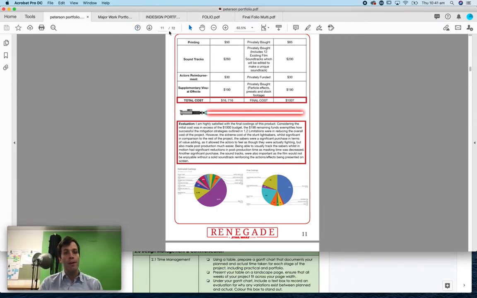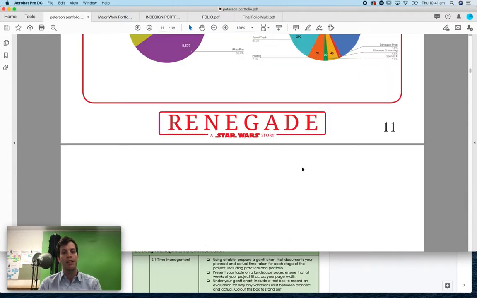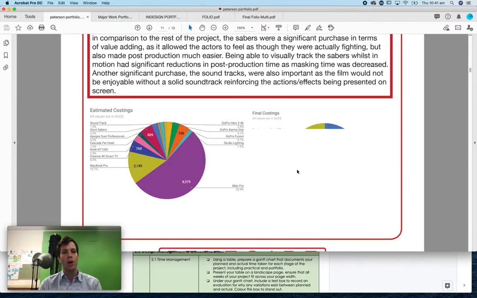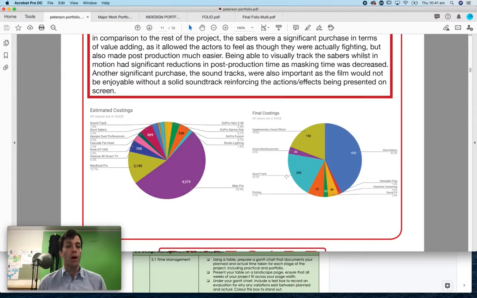Now, the important thing, and this is something that I haven't really forced before, but I'd like you guys to do it, is the use of charts to show what it is that you've spent money on. So this is a chart that's the estimated costing, so the proposed chart. Everything that's in the proposed chart here is put into a pie chart, okay?